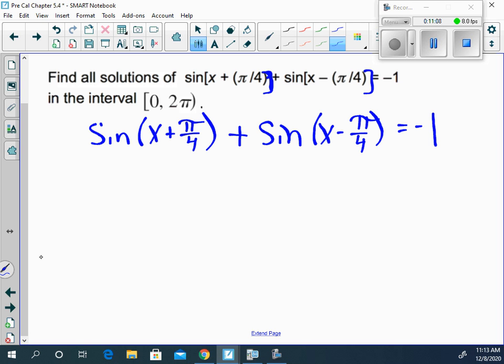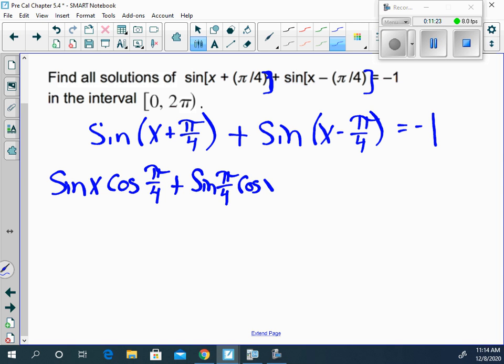Well, sine of x plus pi over 4 is the same as sine of x cosine of pi over 4 plus sine of pi over 4 cosine of x.